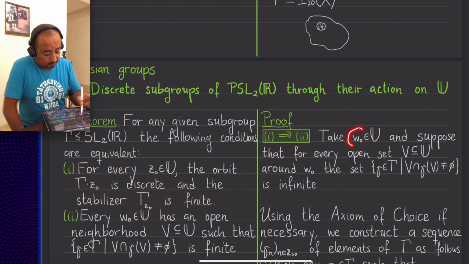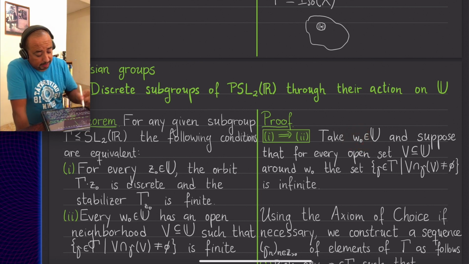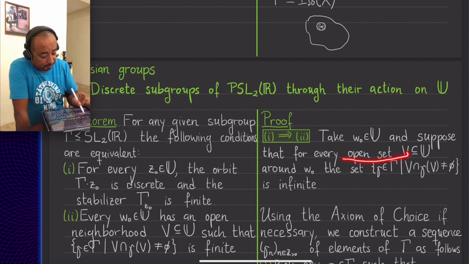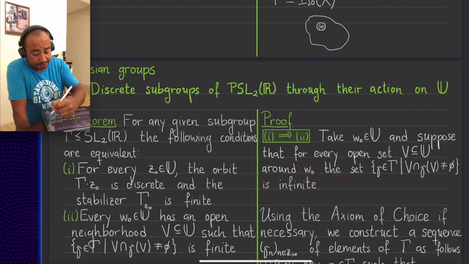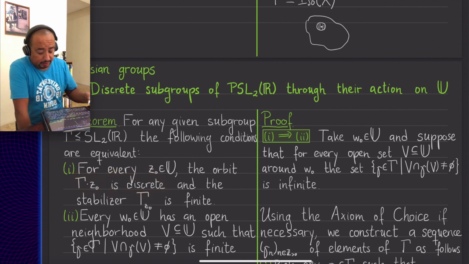So take this element, and suppose that for every open set around the point I took, this set is infinite. And the conclusion I'm going to reach is that it cannot happen simultaneously that the orbit is discrete and stabilizer is finite.